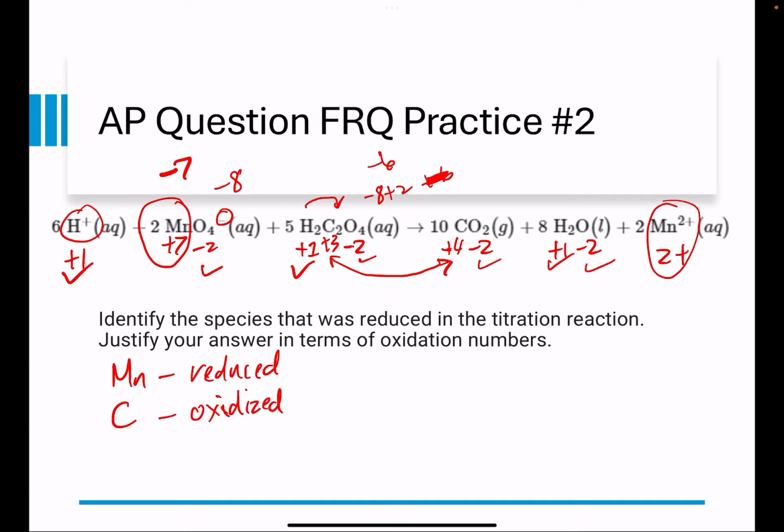So we have, yeah, but notice they have to balance out, right? So we have 2 Mn that are being reduced, and each of them is gaining 5 electrons.